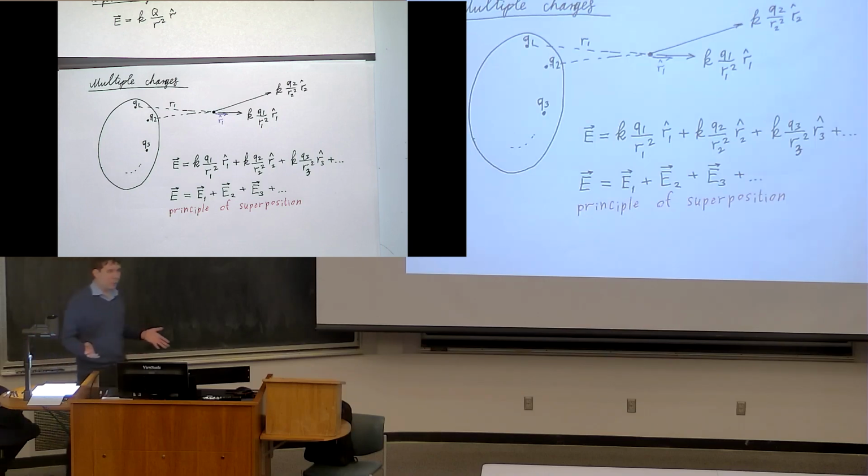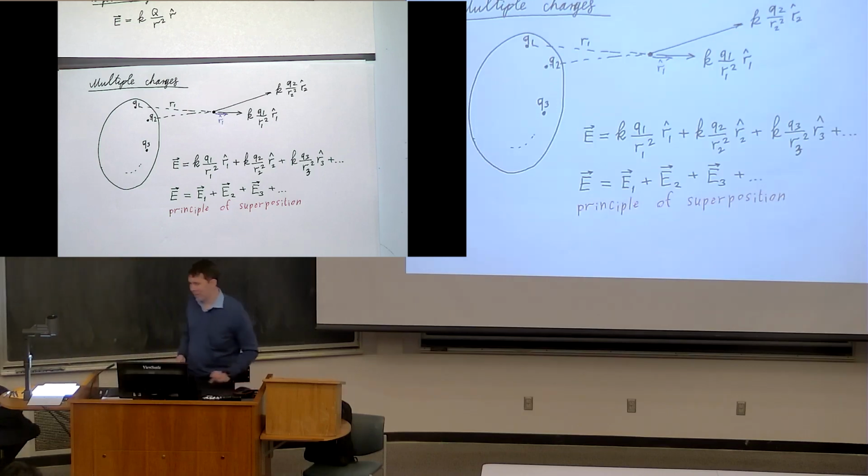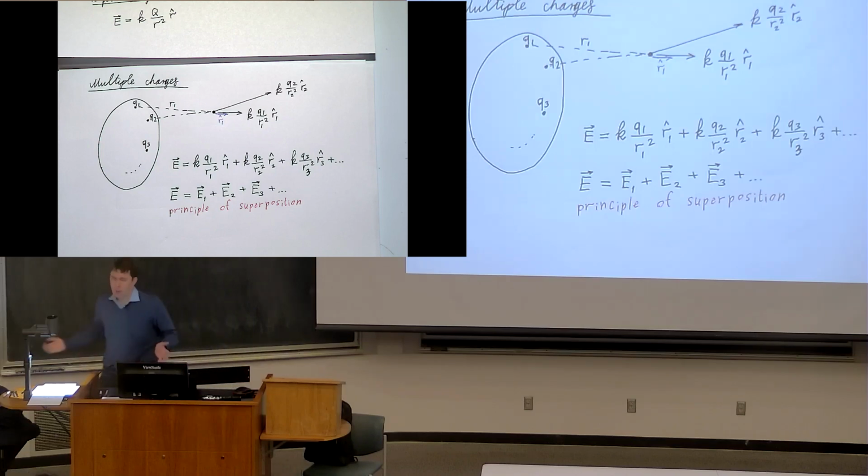And strictly speaking, to specify the electric field around some complicated object that has got multiple charges in it, we would need to specify a vector at each point in space, which would be impracticable in principle, because we can't specify an infinite number of quantities.